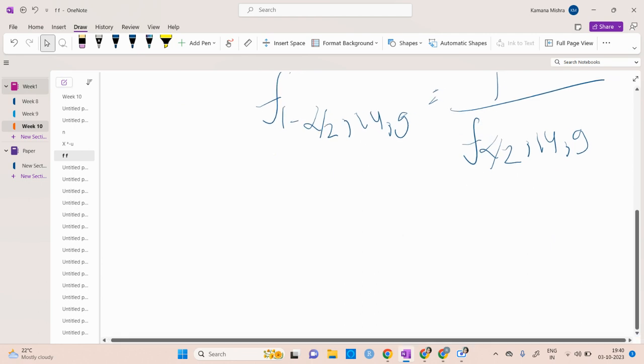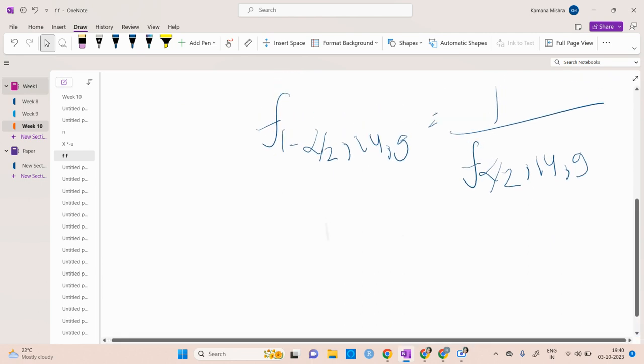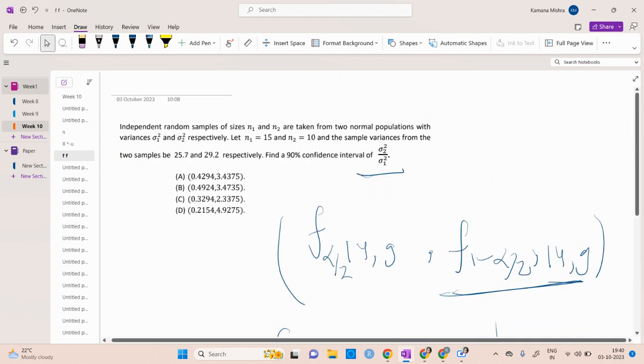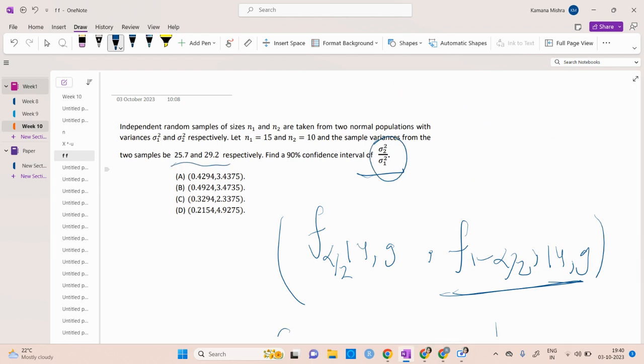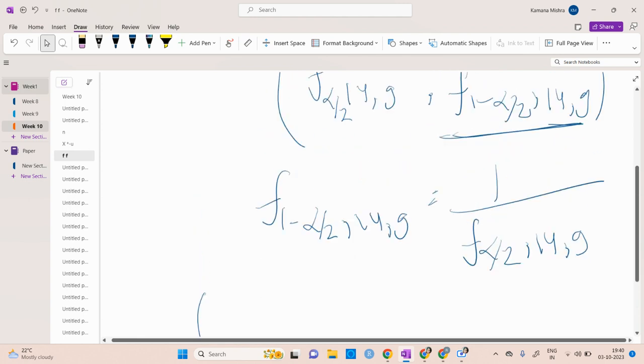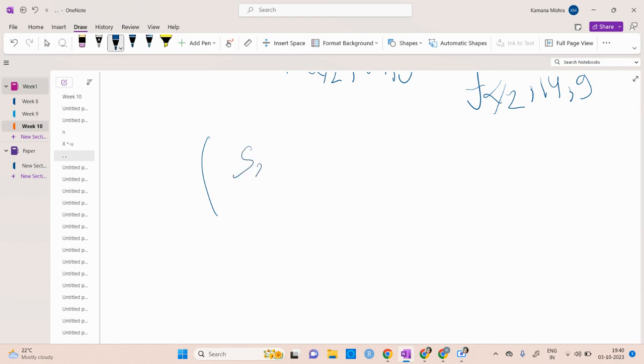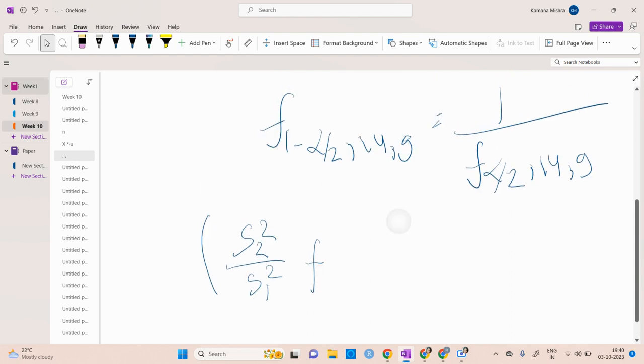So all that is left is that we need to find this, and then the interval is, since you need to find the confidence interval for this, and given here is s1 square and s2 square. So for sigma 2 square divided by sigma 1 square, we will have s2 square divided by s1 square F from 1 minus alpha by 2.